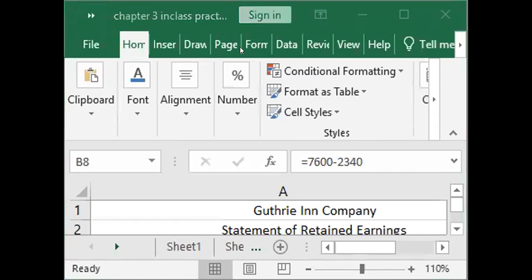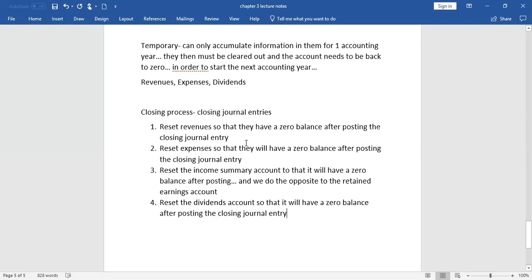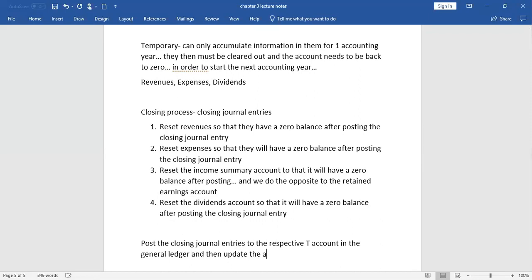Okay, I'm going to come back over to my lecture notes. We've already done this as we've done the journal entries, but the next step, if you hadn't done it already, is to post the closing journal entries to the respective T accounts in the general ledger, and then update the balances.